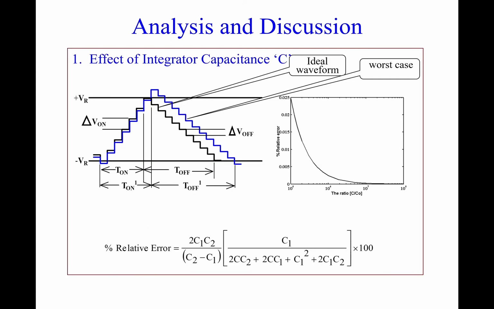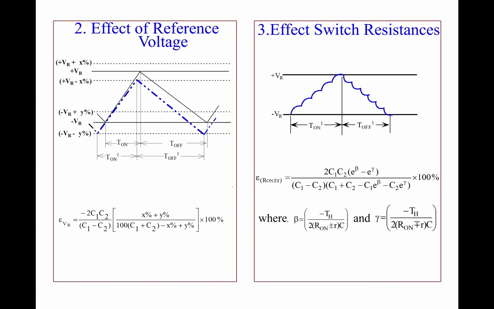but it has a lot of advantages. If we have integrator capacitance C, if we increase or decrease, what happens is that the relative error is affected as given here. If you have reference voltage increase or decrease, that again directly affects the result.